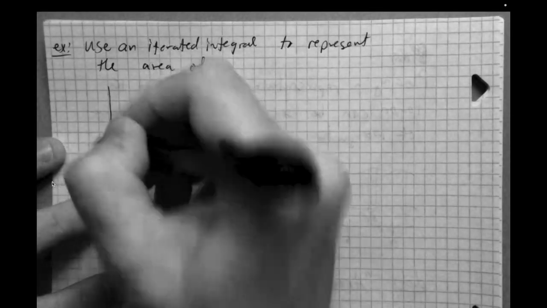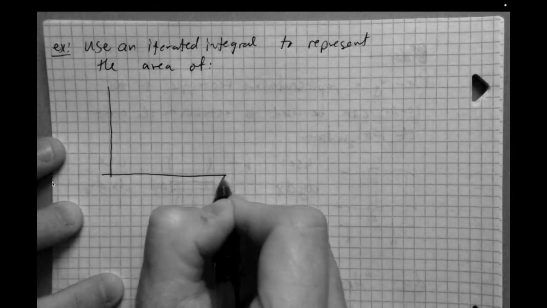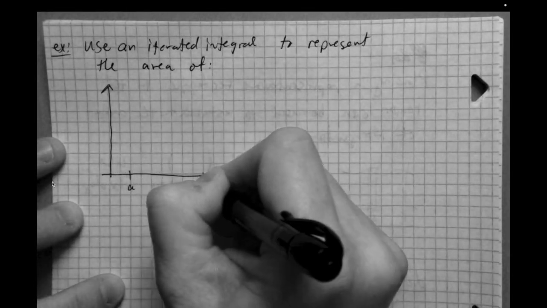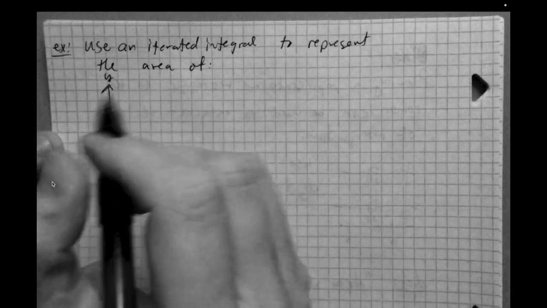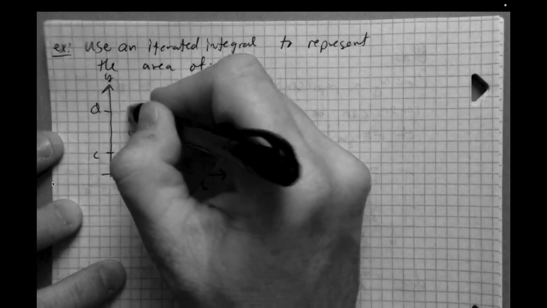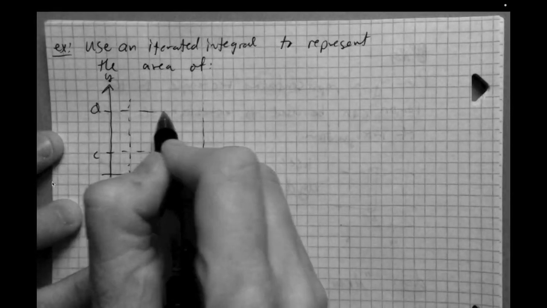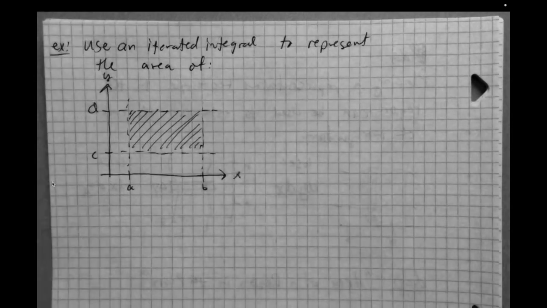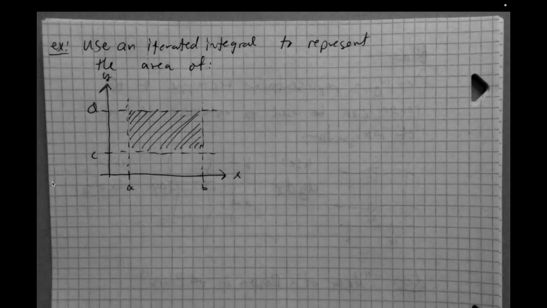This is going to be a rectangular region. So we'll have a to b on the x-axis, and this is the y-axis, and on that axis we'll have c up to d. And what we're interested in is the intersection of all these lines. So we're interested in this part here. We want to write this basic integral as an iterated integral.